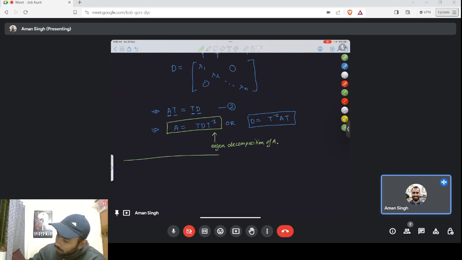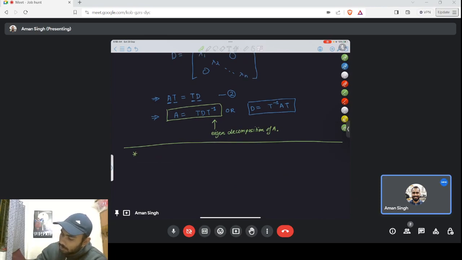Now, moving ahead, we'll see how we can use these results in simplifying the solution of the initial linear system. So let's call this transformation of state.